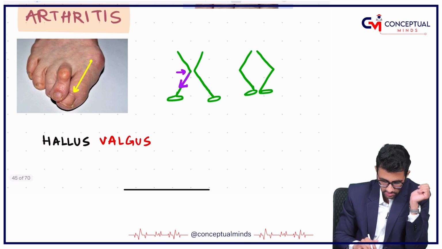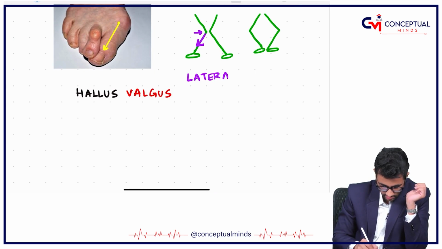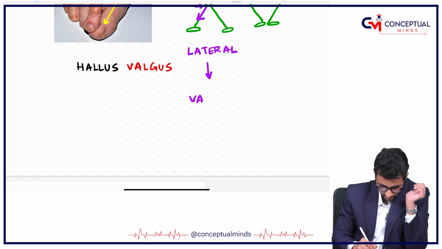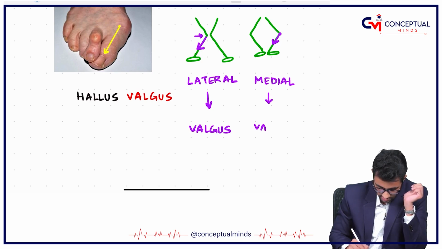If it is going on the lateral side, it is going to be valgus. If we see in this image that it is going on the medial side, it is going to be varus.